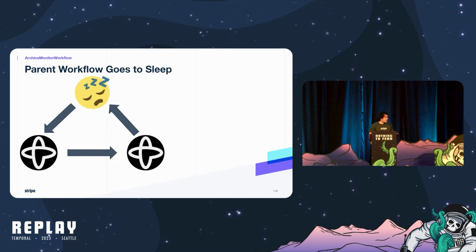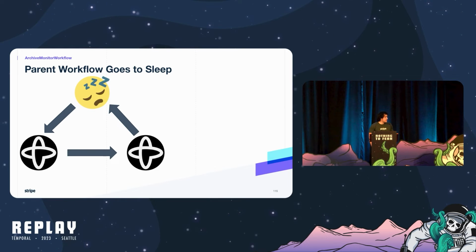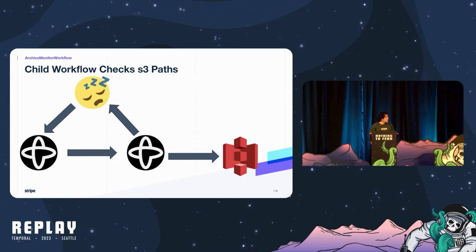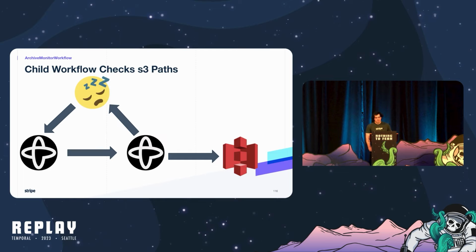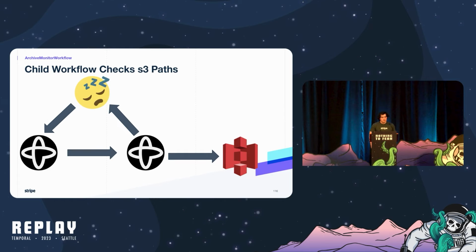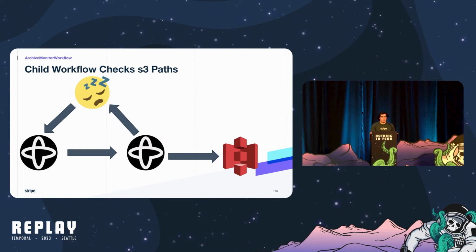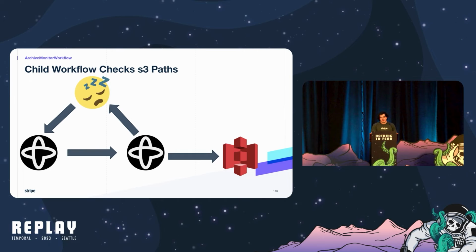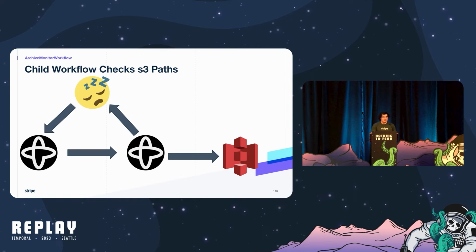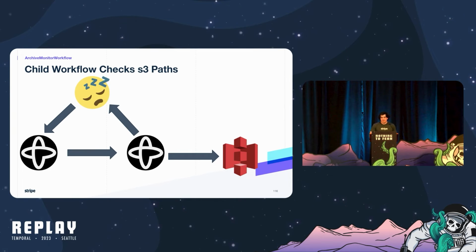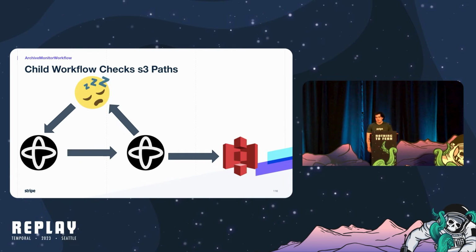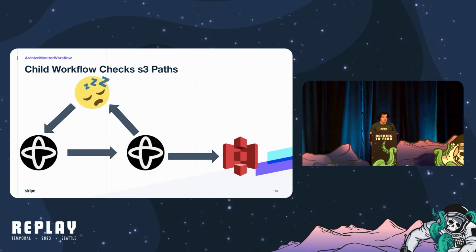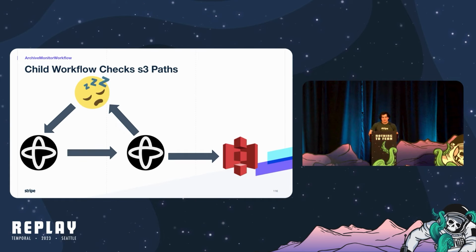What the child workflow does is it actually does all the heavy lifting, by basically just checking to make sure that all the paths are written to S3. Some of the operations it does: it first has to start by generating all the paths. This sounds pretty simple, but given that we're managing thousands of topics across tons of clusters, this actually, well, the generation part is pretty simple, my bad.